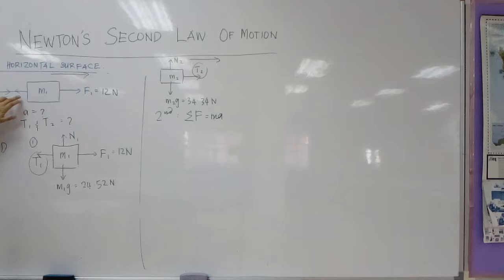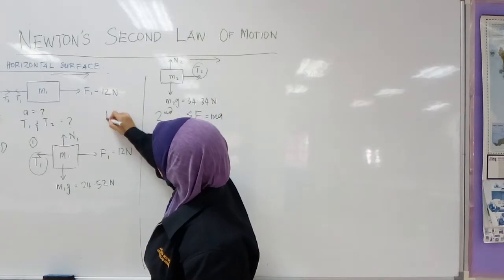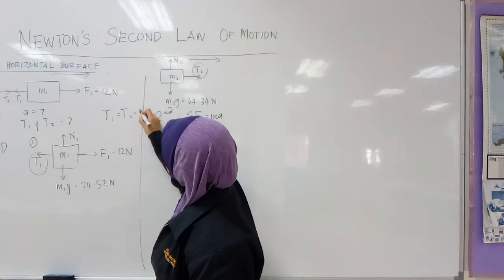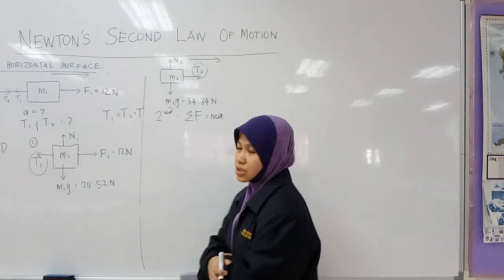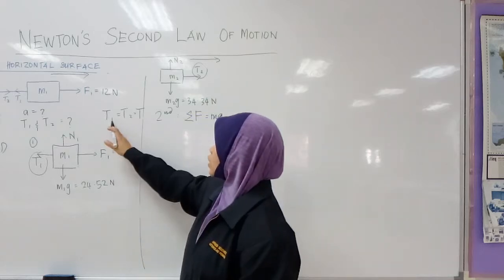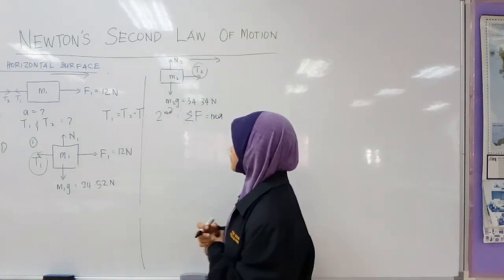T here is connected with one string. When it is connected with one string, T1 is equal to T2 is equal to T. So the values of T1 and T2 are the same because it is connected with one string.